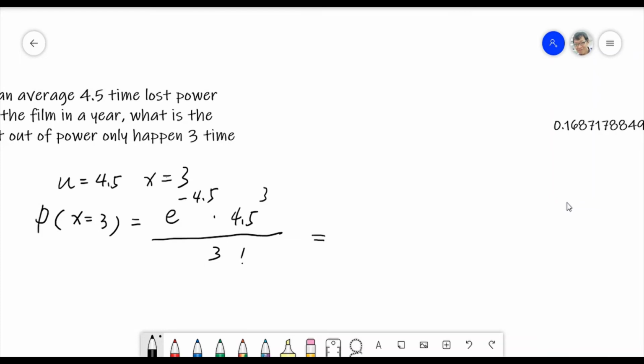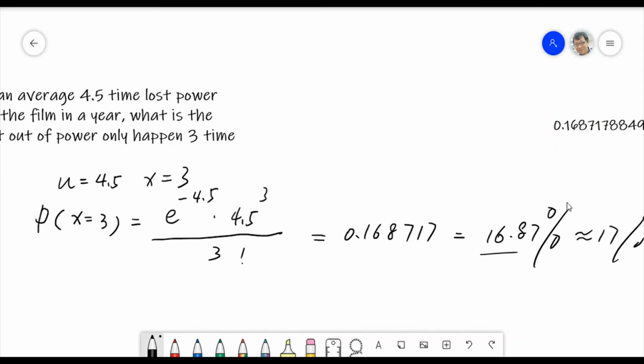It's 0.168717, whatever, keeping 6 decimals. You can also write it as 16.87%. So it's nearly 17%, right? That's the chance that you only have 3 power blackouts in a year.